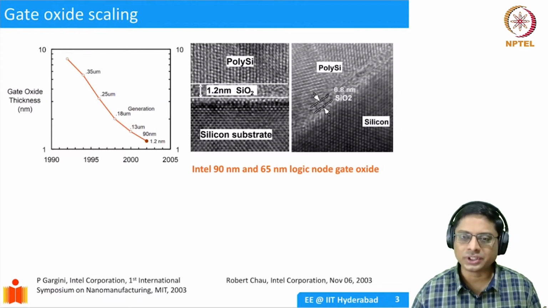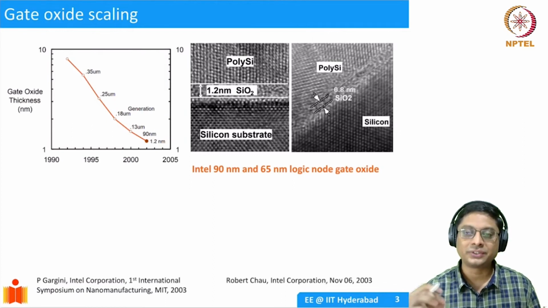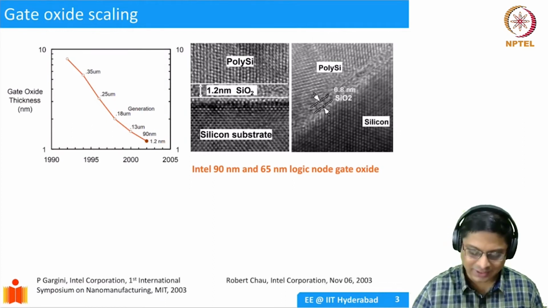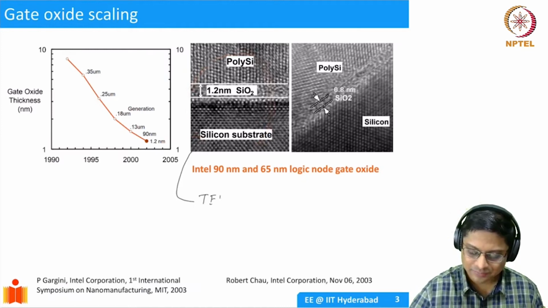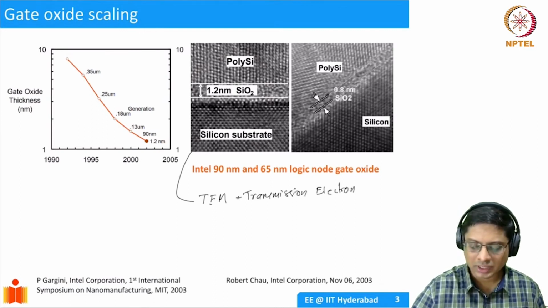But for now, I just wanted to introduce, in the context of the MOS capacitor, how this physically looks. Okay, the images you're seeing on the right side, this is what is called a TEM image. TEM micrograph we call it. Transmission electron micrograph.